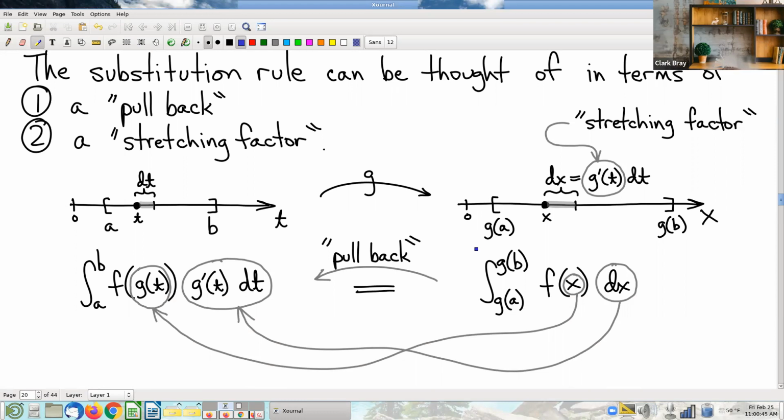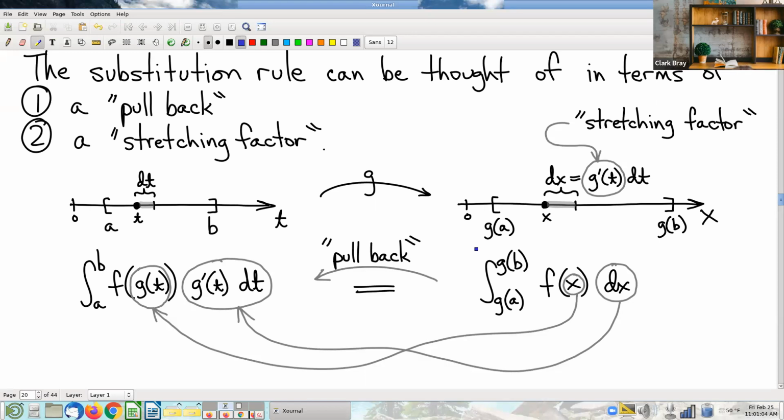No, I guess Calc 2. Anyway, early Calc 2, late Calc 1, called the substitution rule. Everybody remember the substitution rule? Okay, very often thought of as a kind of an algebraic trick. This is what helps you find antiderivatives when the antiderivative is hard to find. Okay.